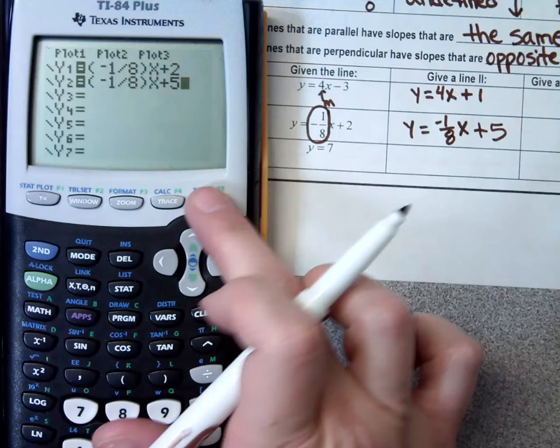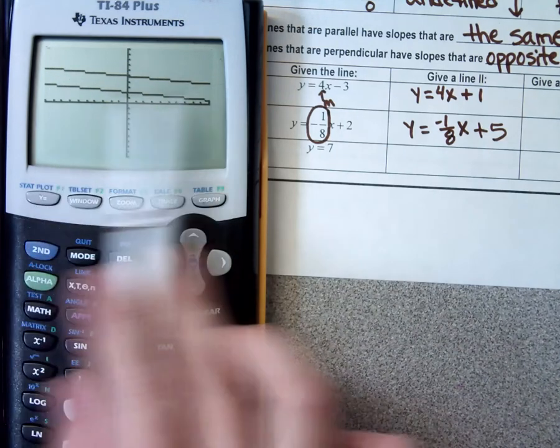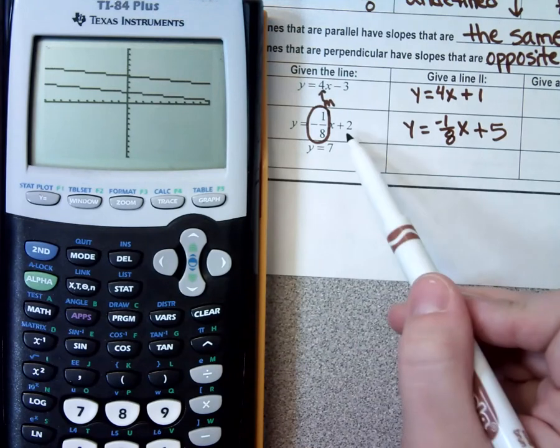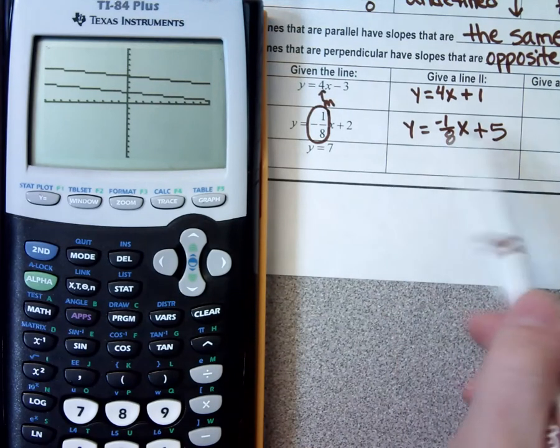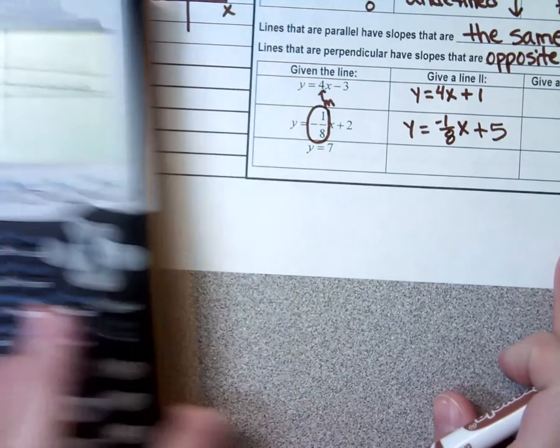Let's just look at these. Graph. There's negative 1/8 x plus 2 and negative 1/8 x plus 5. You can see they're the same steepness because they both have the same slope, but they're parallel and they have different y-intercepts.